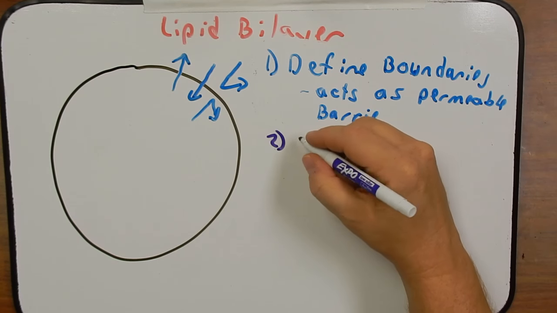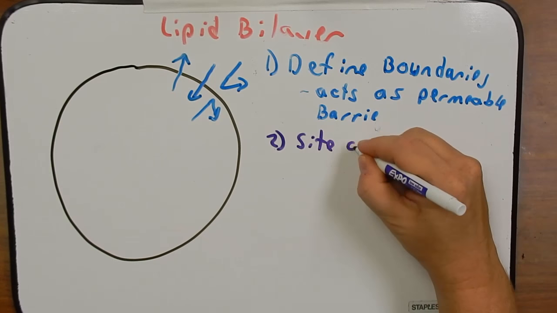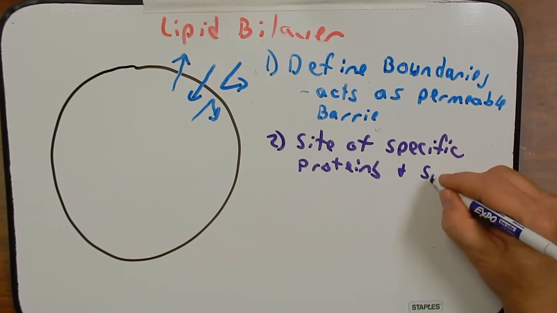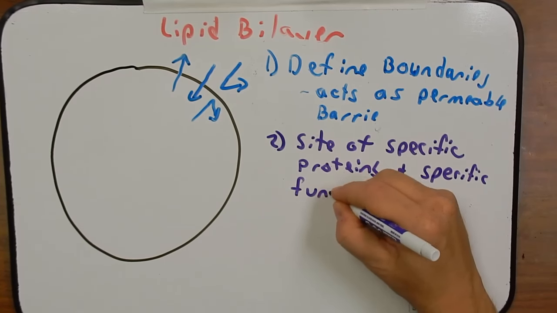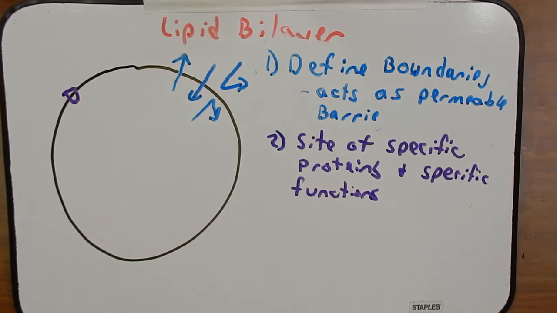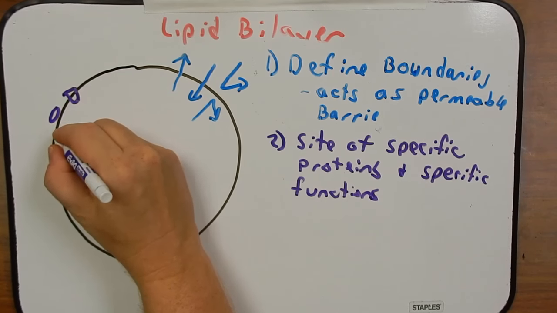Two, on the membrane itself, it's the site of specific proteins and specific functions. We'll learn that there are certain proteins unique to the plasma membrane. Maybe even one side of the plasma membrane versus the other side.